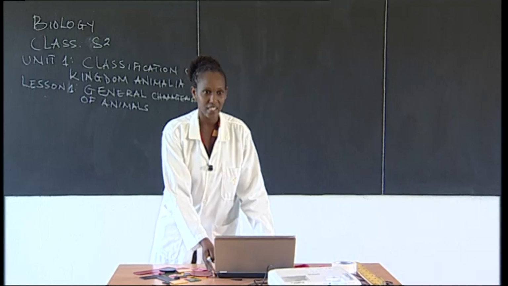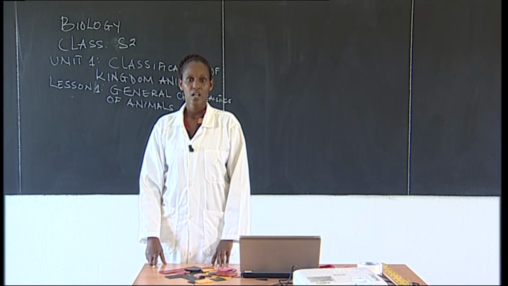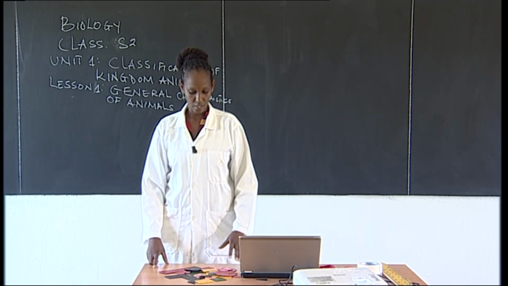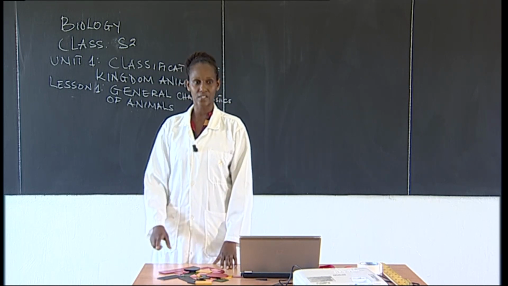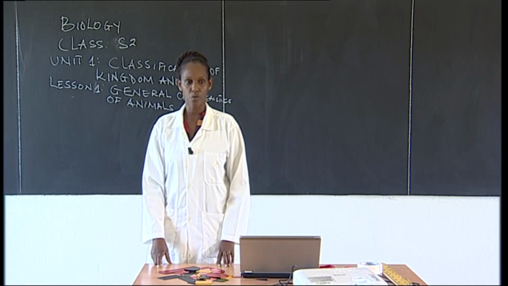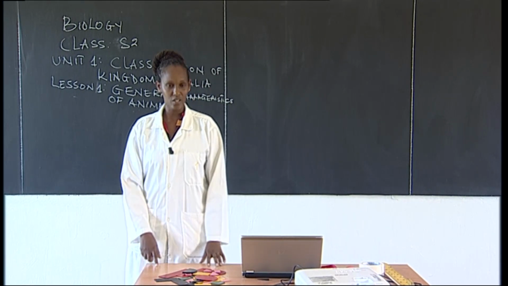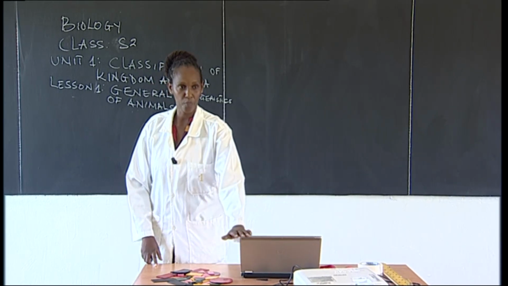We have said that in the picture we are seeing different kinds of animals, a variety of animals, and we call that biodiversity. But we are starting with a new term, classification. So let us use these materials. Though they are not animals or living things, they will help us understand our topic today.